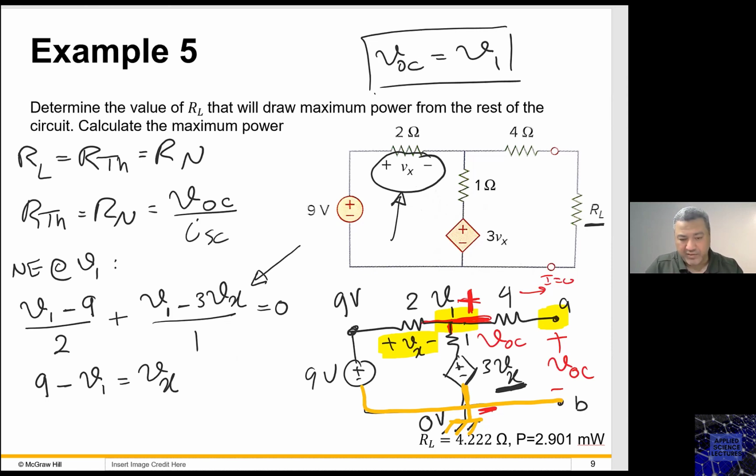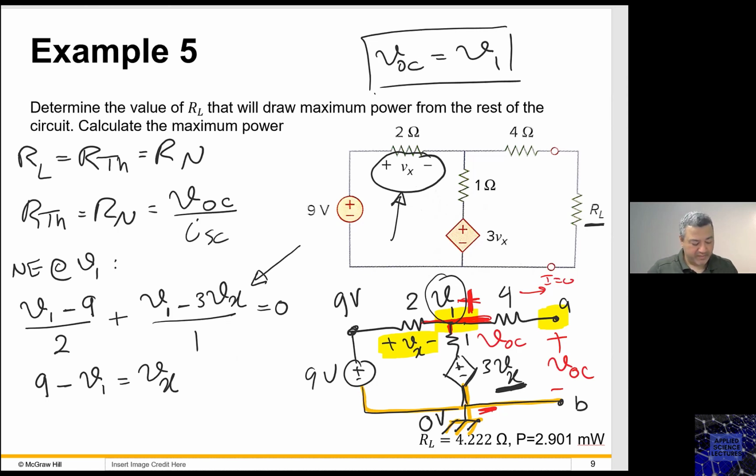When I put the node voltages, I assigned V1 to this node, the one in red. Based on the existence of this dependent variable in the circuit, I found that 9 volt minus V1 is Vx, or this Vx is indeed the potential difference between the 9 volt and my node variable V1.